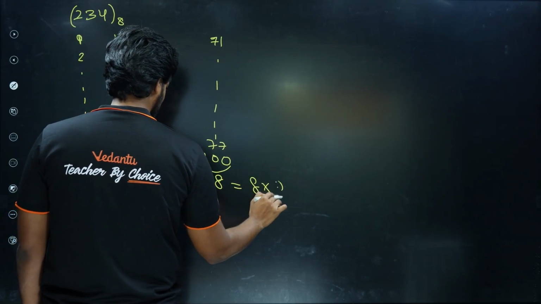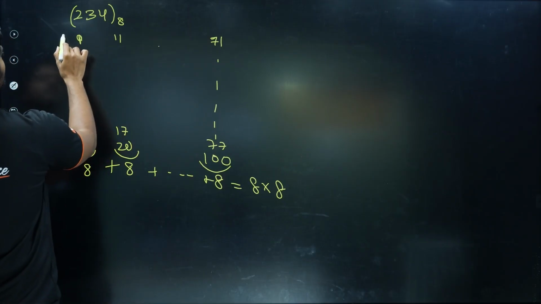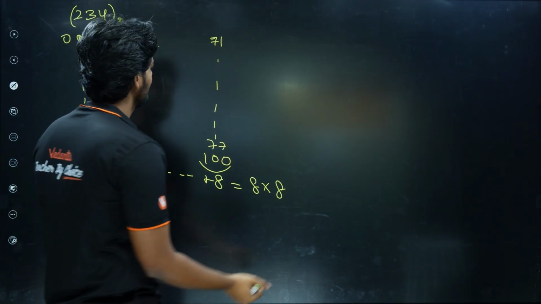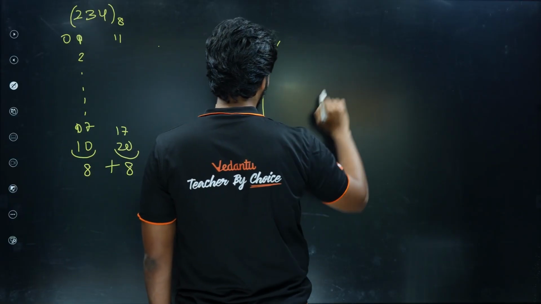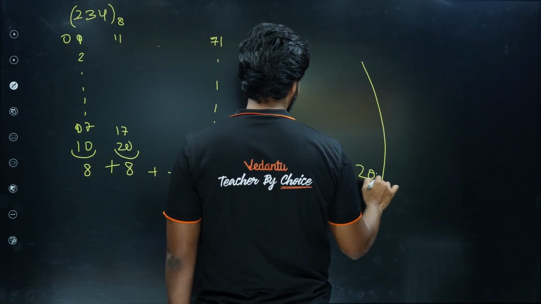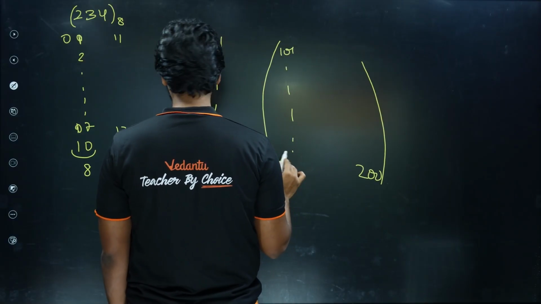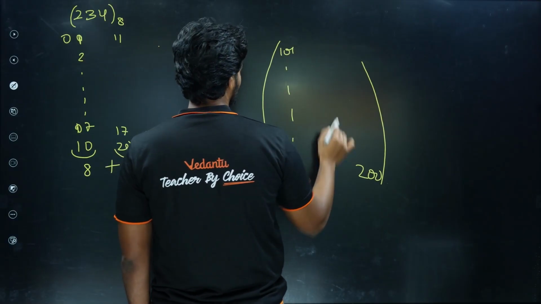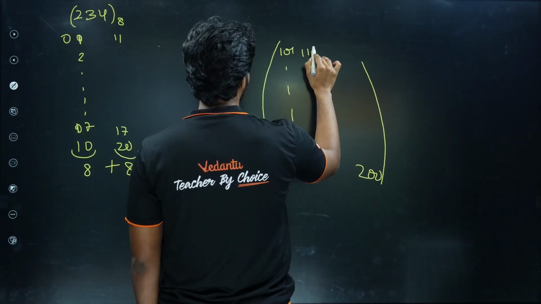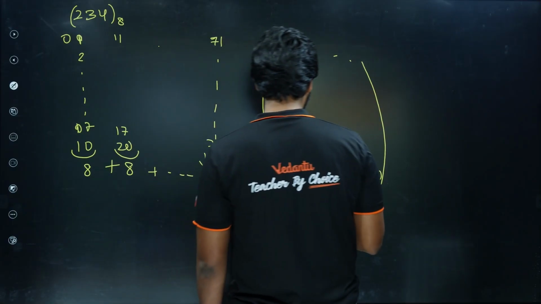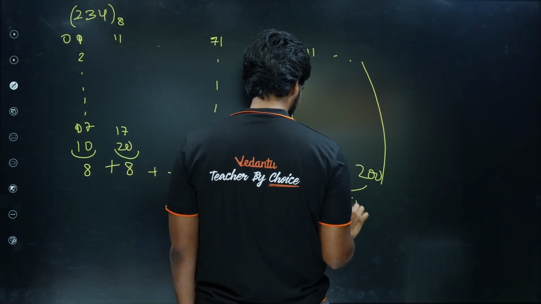8 into 8. There are 8 such, because we are starting from 0, 1 till 7. So that's 8 into 8. And then like that we have another till 200. We start from 101. We go till 110, 111. This is 107, and then another 8 into 8.